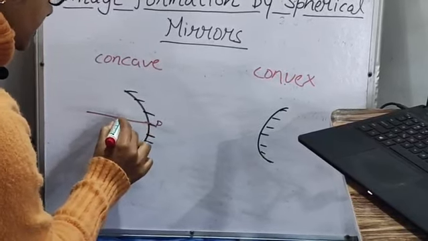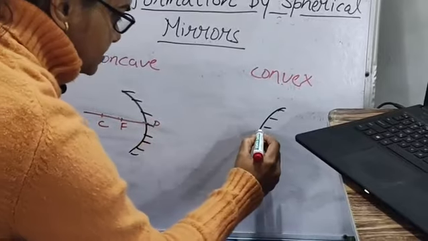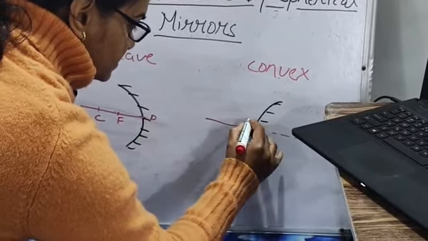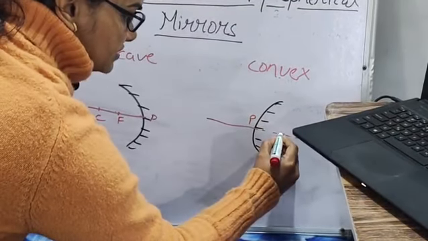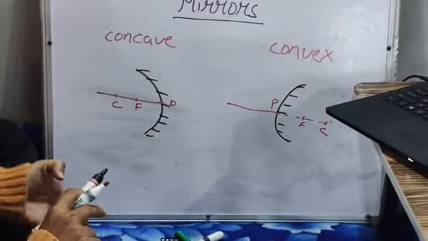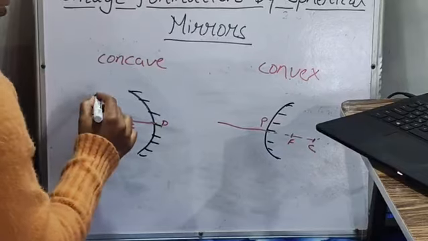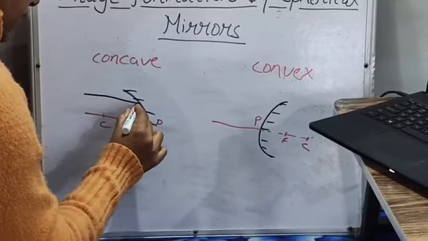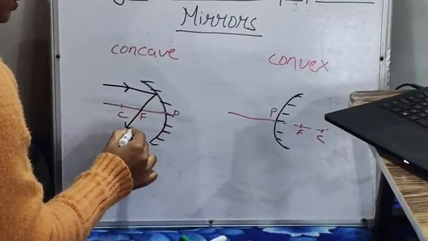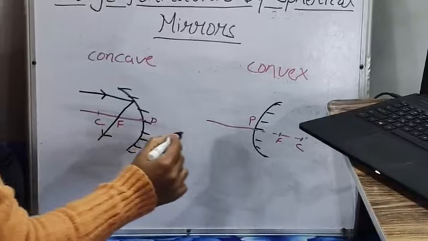This is P, this is F, and this is C. Similarly, in this case, this is P, this is the focus, and C is this. So the first rule says the light which is parallel to the principal axis will pass through the focus.